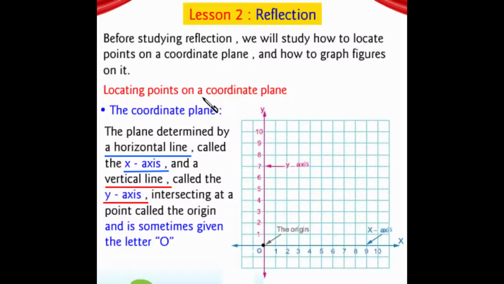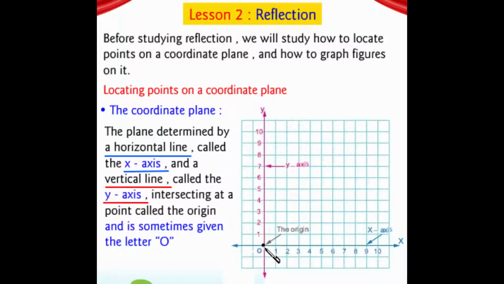Locating points on a coordinate plane. A coordinate plane is the plane determined by a horizontal line called the x-axis and a vertical line called the y-axis, intersecting at a point.